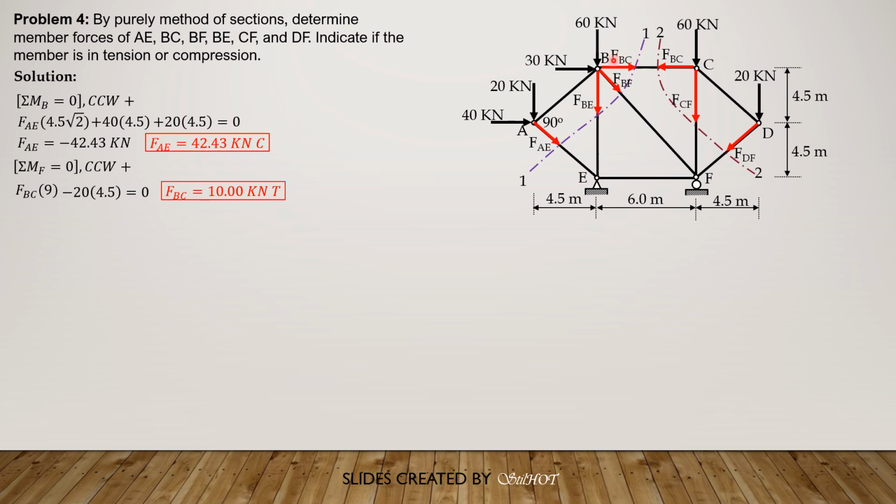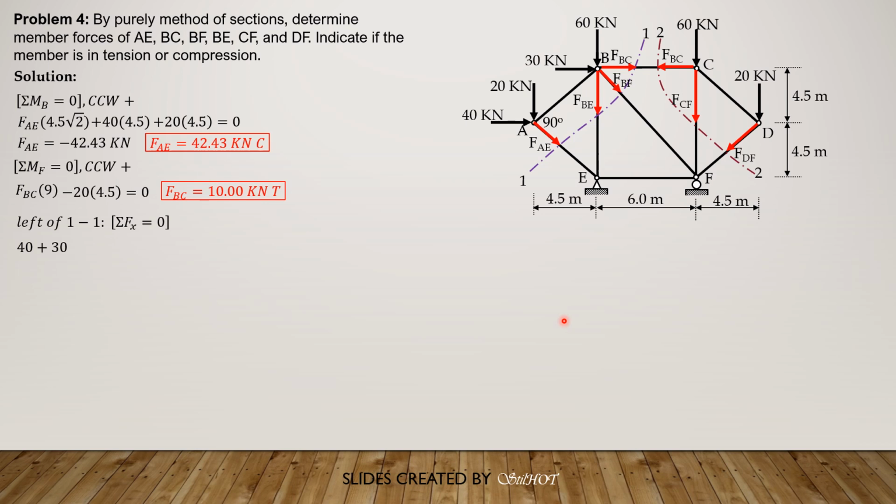Because we have found FBC, we can sum up forces horizontal equals 0. So left of section 1-1 again, summation forces X equals 0 to solve for FBF. So the X component of FBF is FBF, its magnitude times 6, horizontal distance 6, divided by the distance, which is square root of 6 square plus 9 square.